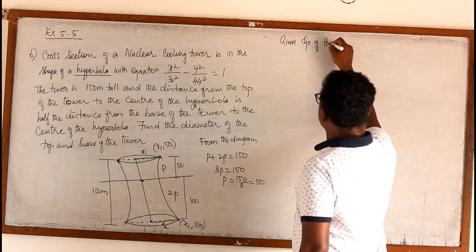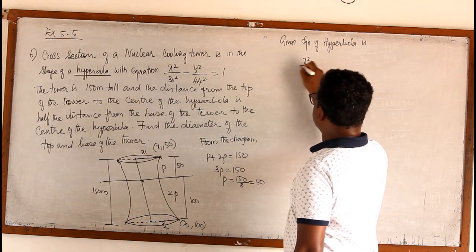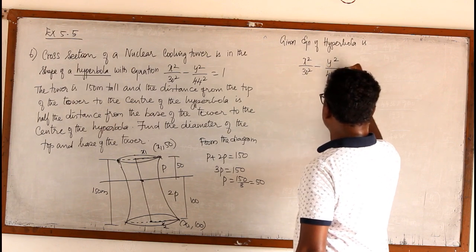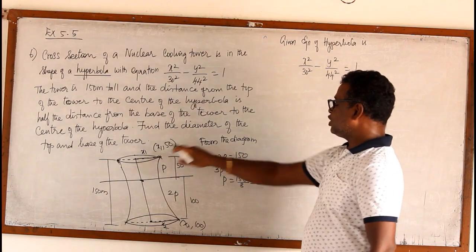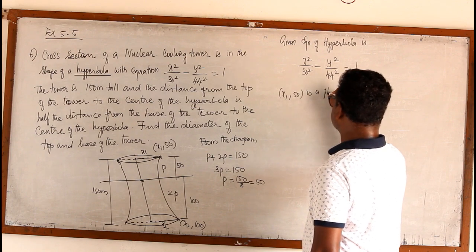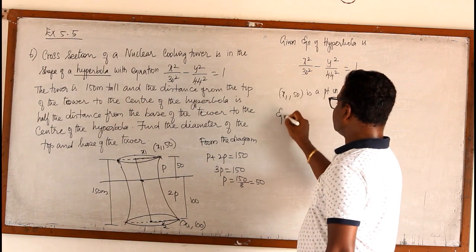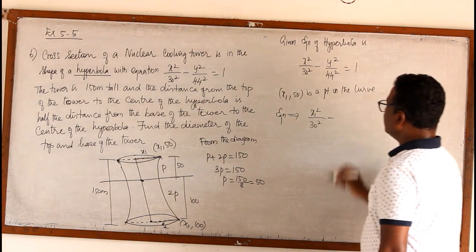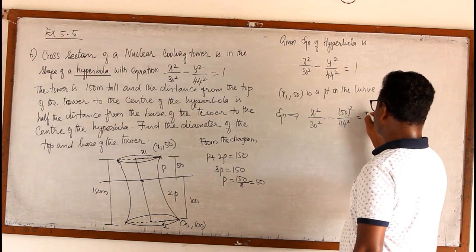So given, the equation of hyperbola is x square by 30 square minus y square by 44 square equal to 1. First one problem is a simple problem. Now we shall take this point. Now x1 comma 50 is a point on the curve. Then the equation becomes x1 square by 30 square minus 50 square by 44 square equal to 1.